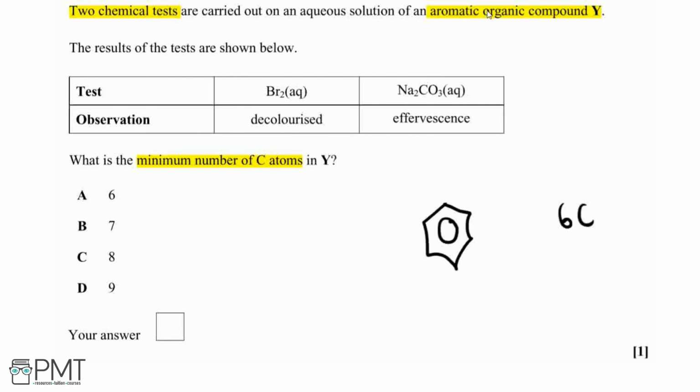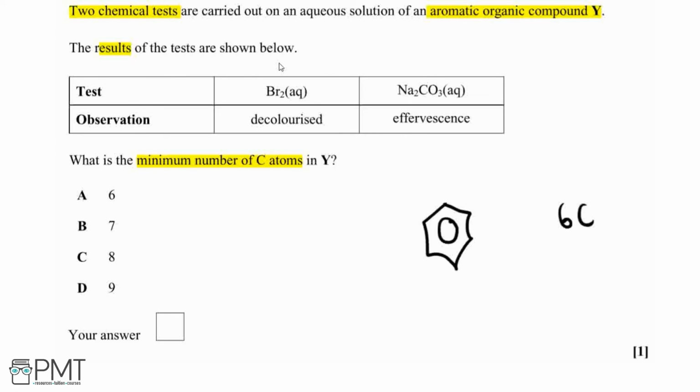So now let's have a look at the results of the tests in order to identify how many other carbon atoms we might need to add on. So first off, our first test is that bromine water has been decolorized. Now we know that benzene alone does not decolorize bromine water because it's not electron dense enough to induce a dipole in the bromine, so it can't react with bromine unless there is a halogen carrier.